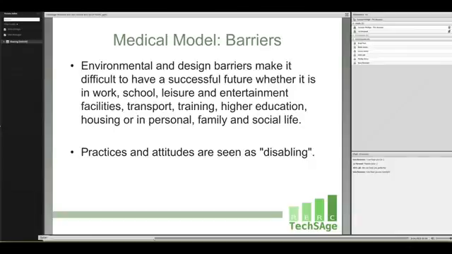Environmental and design barriers make it difficult to have a successful future, whether it's in work, school, just hanging out, entertainment, facilities, transportation, training, higher education, even in someone's house and their personal life, family, and social life. And all of these practices and attitudes are definitely seen as disabling the person. So as what Carolyn was saying earlier, of the environment being the disabling factor.